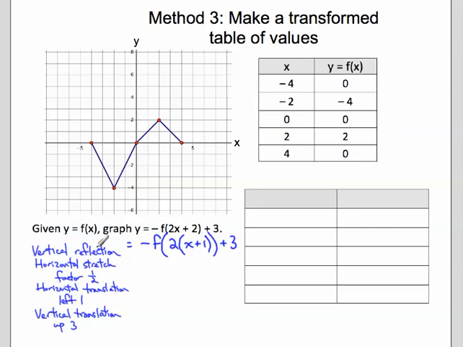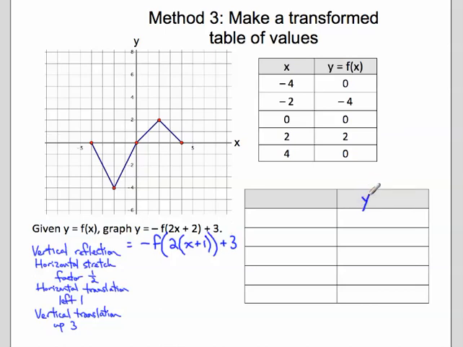So let's look first at the vertical transformations. The vertical reflection is going to make the y values the negatives of whatever they were before, and the vertical translation up 3 is going to add 3 to them. So in the new function, I'm going to use this y to represent the old y value.